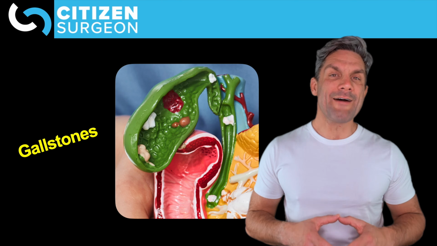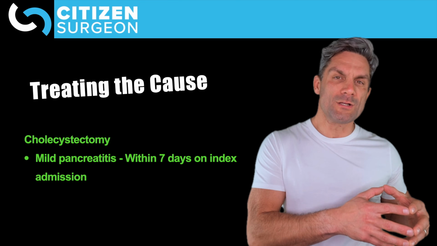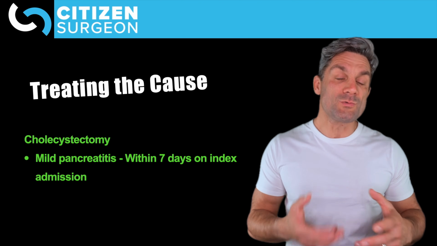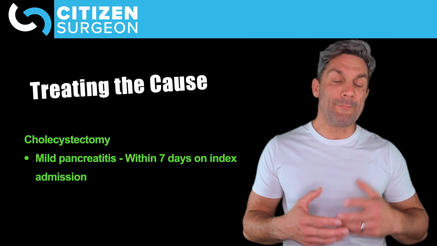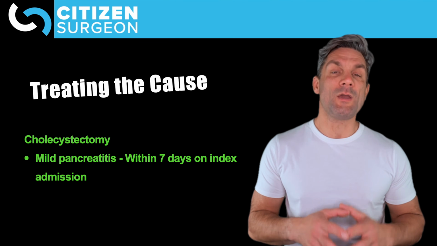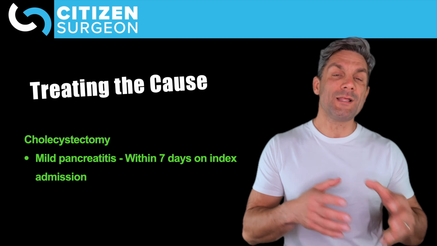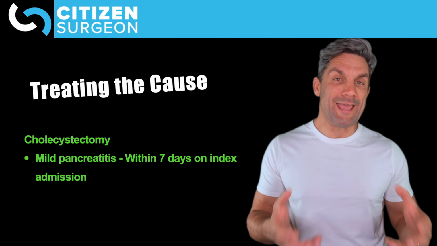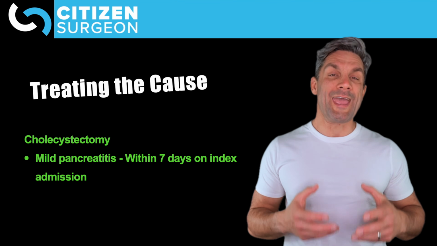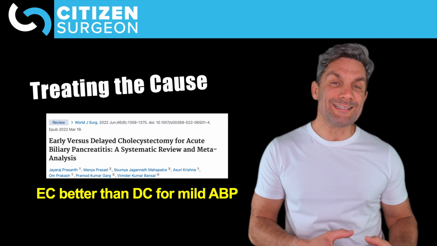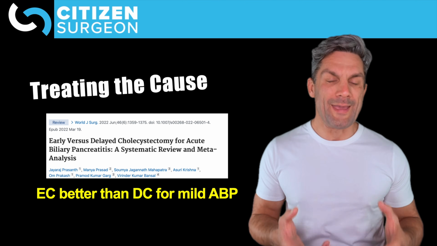Well, if we have mild acute pancreatitis caused by gallstones or even sludge, we're going to see that in a minute, then we want to take that gallbladder out with a laparoscopic cholecystectomy or a robotic cholecystectomy within that hospital admission and within 7 days. That would be an early cholecystectomy, and that's been shown to have better outcomes than a delayed cholecystectomy because of the risk of recurrent pancreatitis.